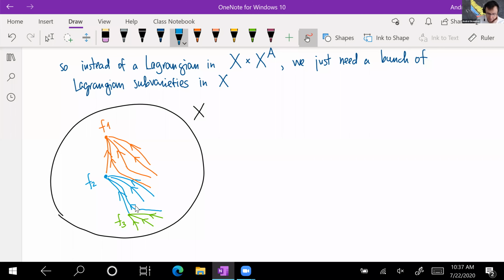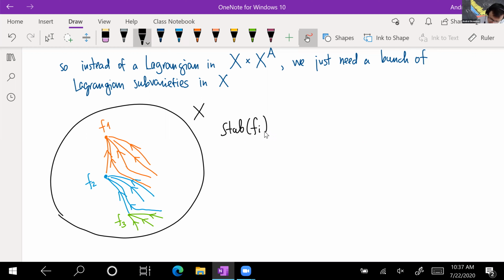And so for each one of these fixed points, we would like its elliptic stable envelope. What should that be? That should be like an elliptic homology class.